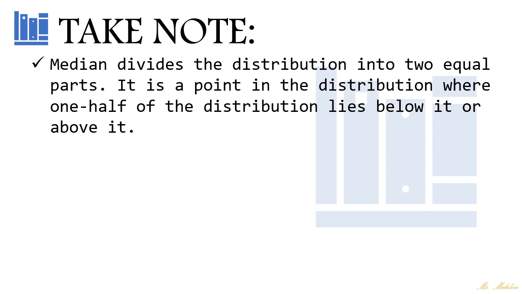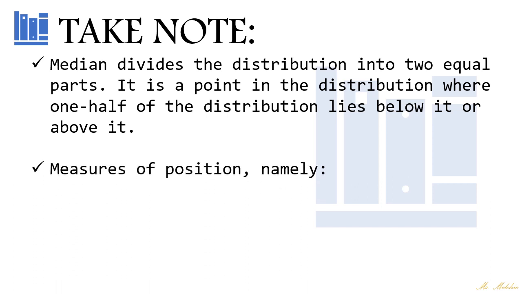So that is why, aside from the concept of the median, we also have other measures of position, so that we can identify the score of the lowest 20% of a set of data, or the score of those students who belong to the highest 30% of the class, and so on.